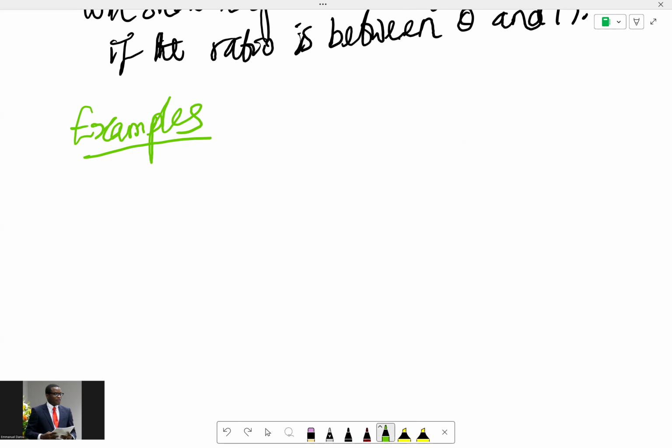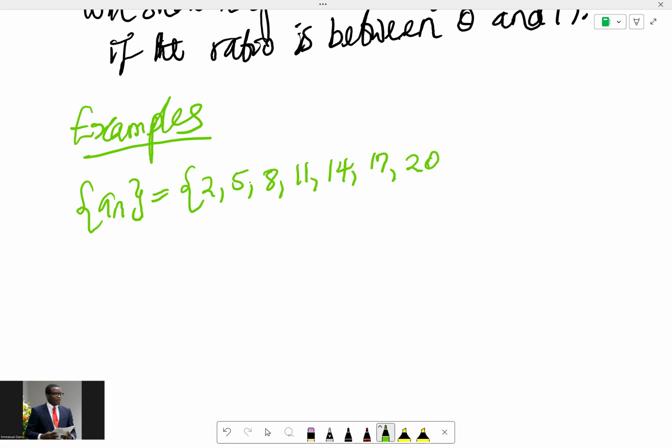So we have the arithmetic sequence AN, which is equal to 2, 5, 8, 11, 14, 17. The next will be 20, and so on and so forth.